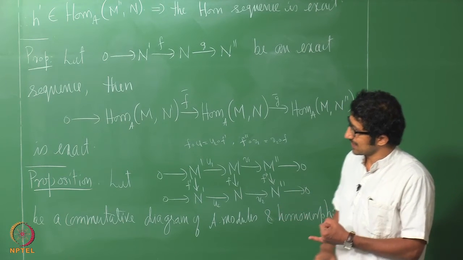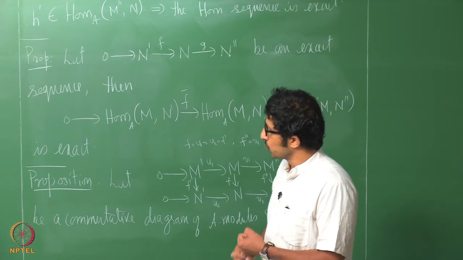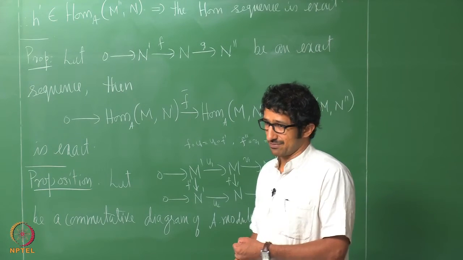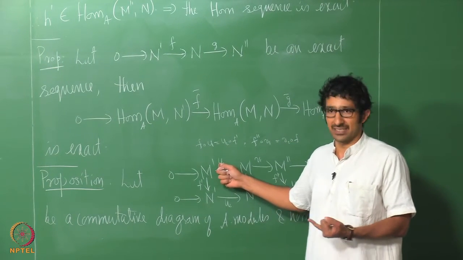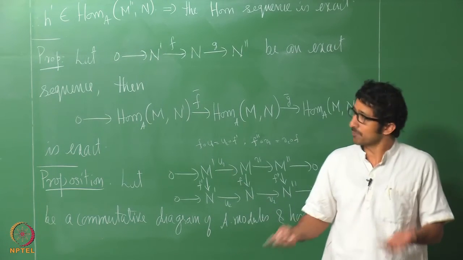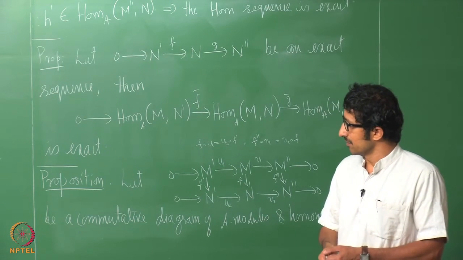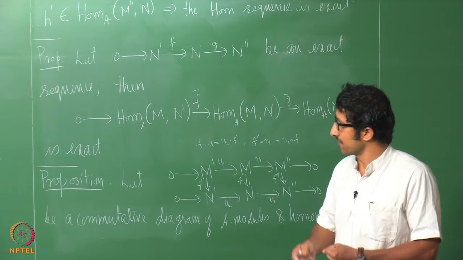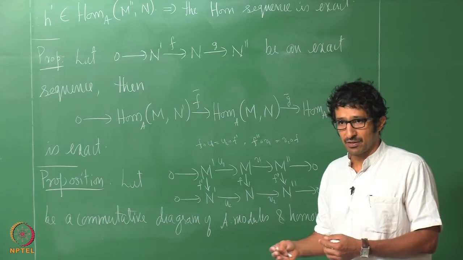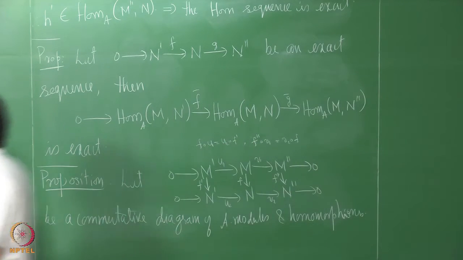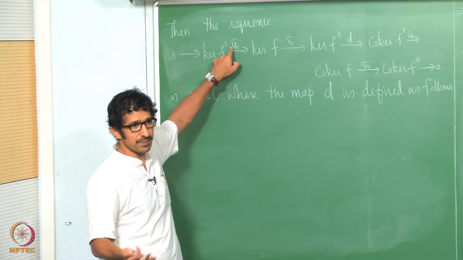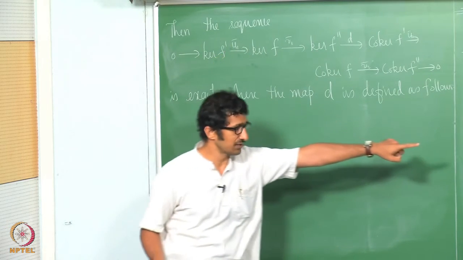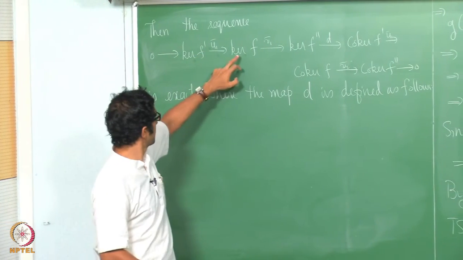Now, what it says is that u1 bar is injective, which is pretty much obvious because u1 is injective. If I have that map u1 bar which maps from kernel f prime to kernel f, once I show that u1 bar maps from here to here, the injectivity of this is pretty obvious because of the injectivity of u1.